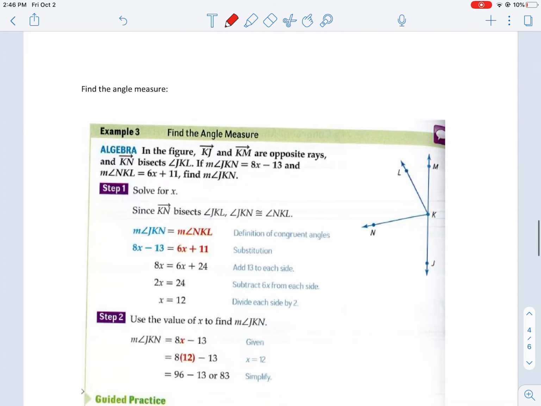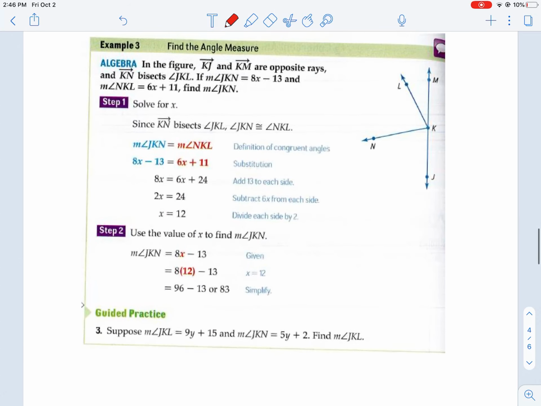Last but not least, we're going to take some geometry terms and add a little algebra. In this figure to the right, we're going to use this for a couple problems. Ray KJ and ray KM are opposite rays. So that means that we got a nice straight line right there.